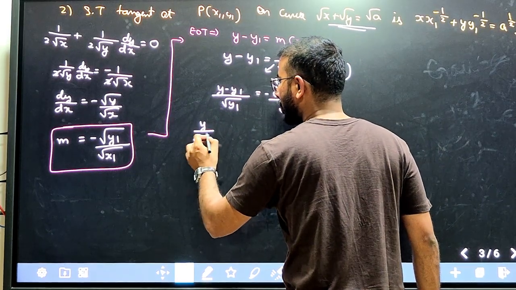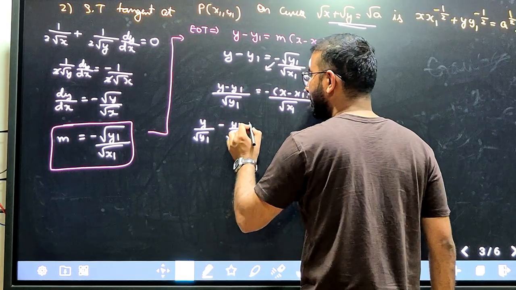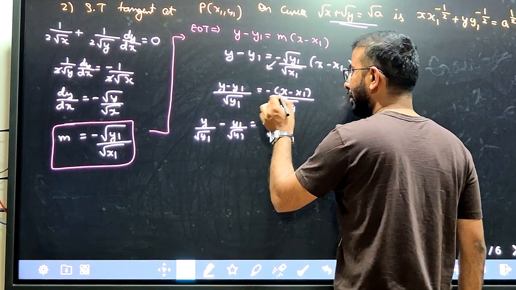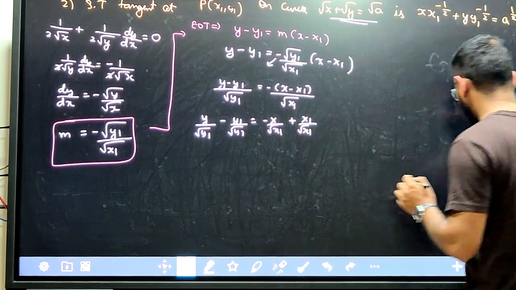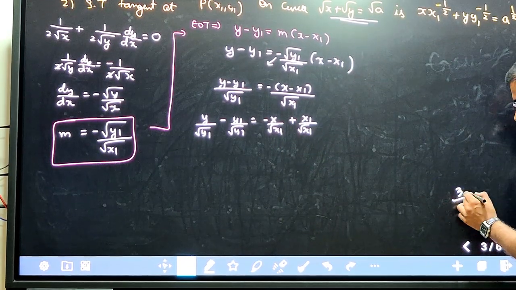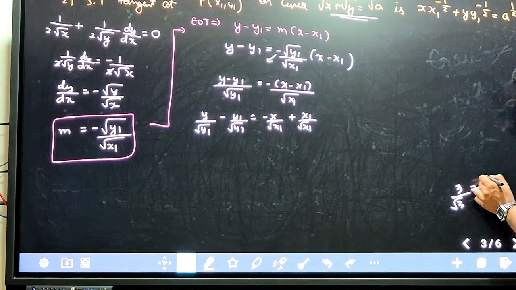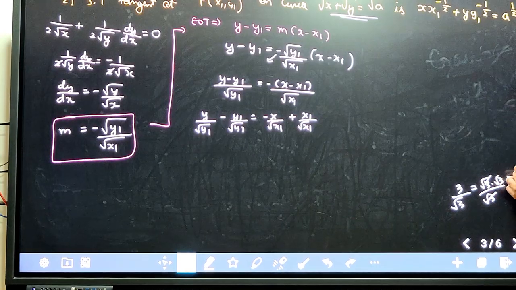So y upon root y1 minus y1 by root y1 is equal to minus x by root x1 plus x1 by root x1. Now we are studying from the childhood. What is 3 by root 3, guys? Root 3. How? 3 can be written as root 3 into root 3. Root 3 cancel. So it's coming out to be root 3.